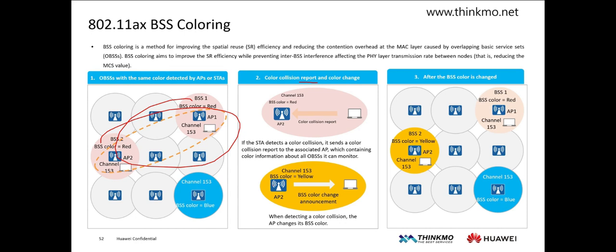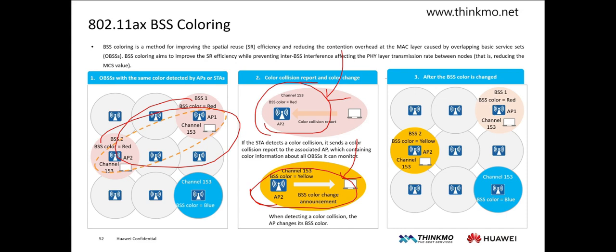After the AP receives this conflict report, it will adjust its BSS color to avoid interference with other APs. For example, an AP originally using this pink color might change to a yellow marking. By adjusting the color, it reduces signal conflicts, which can improve the efficiency of our network.